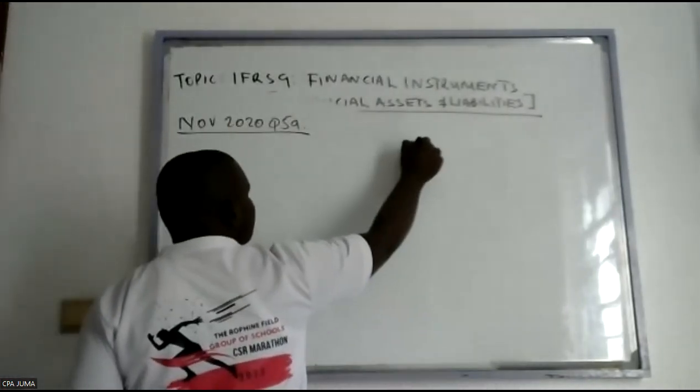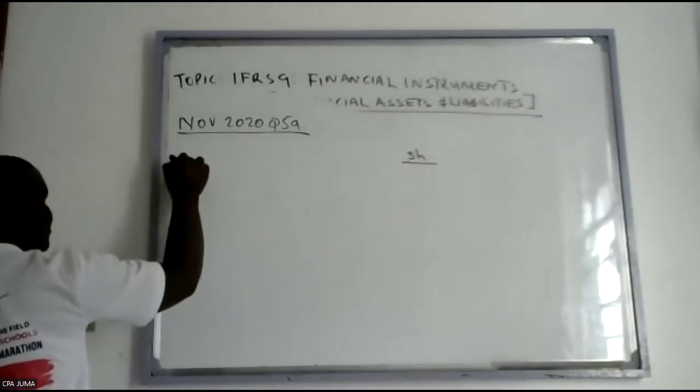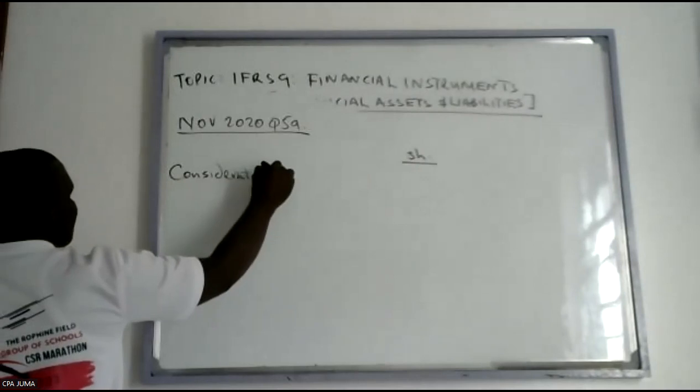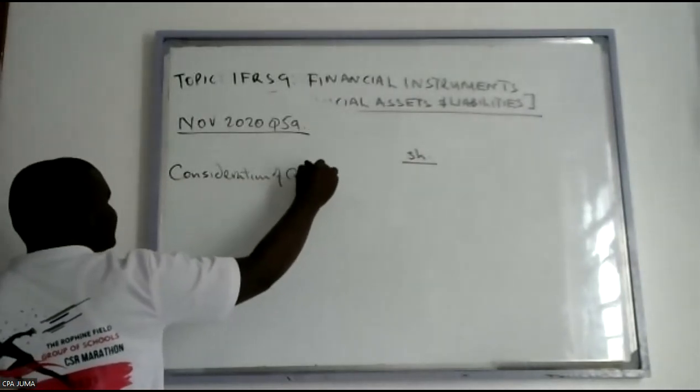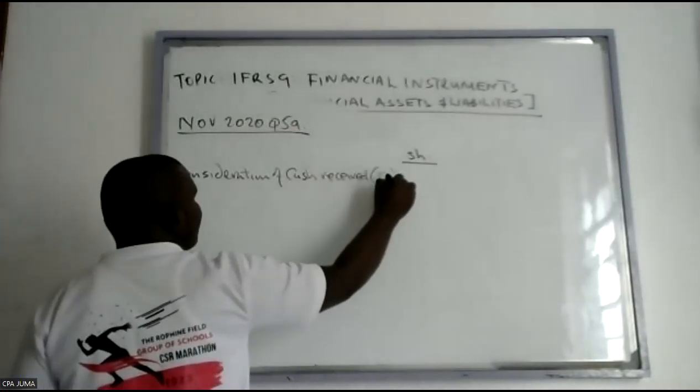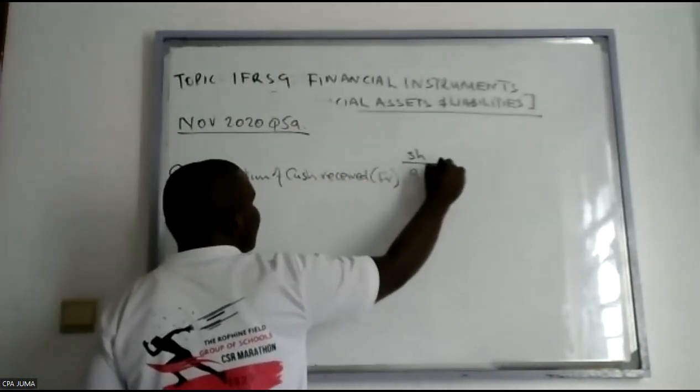So have here shilling. You say consideration of cash received. That is the fair value. They received 95 million.